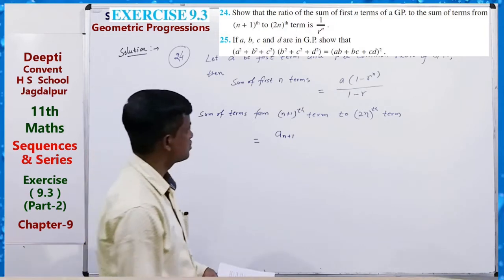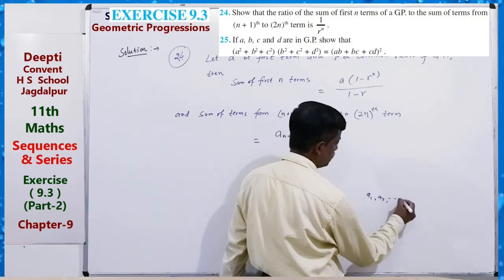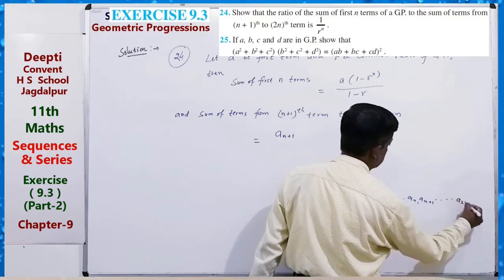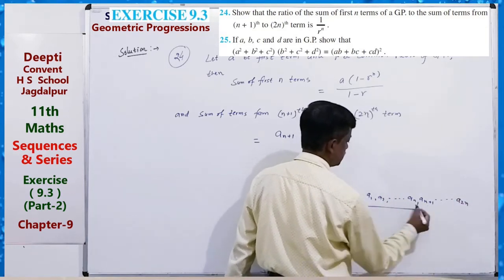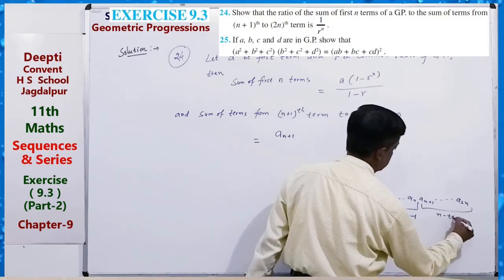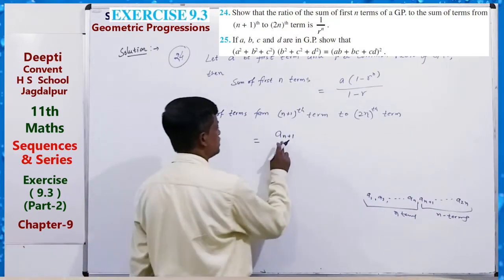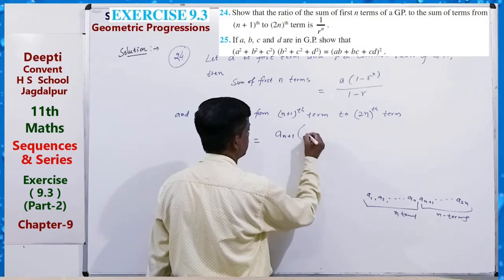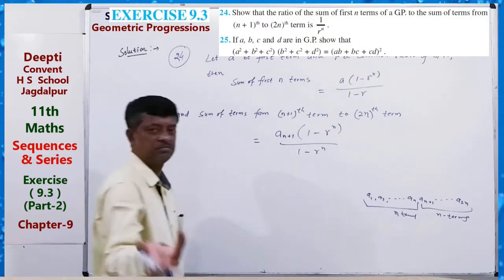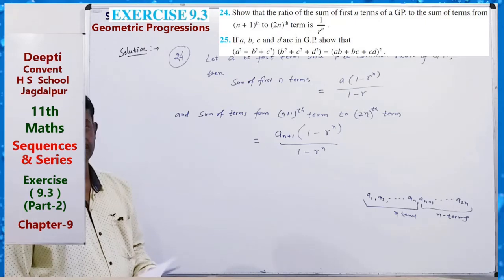Terms will start like this: a1, a2 up to an, then an plus 1 up to a 2n. So this is first and this is second. Here n terms, here also n terms. So this is equal to a n plus 1 into 1 minus r to the power n upon 1 minus r. Simple. Clear?